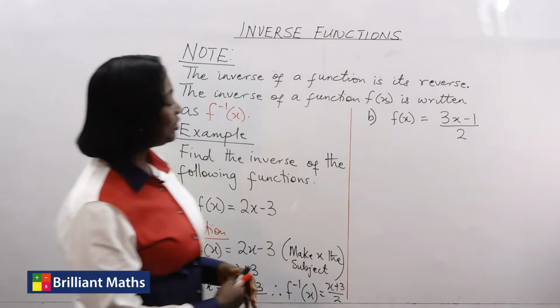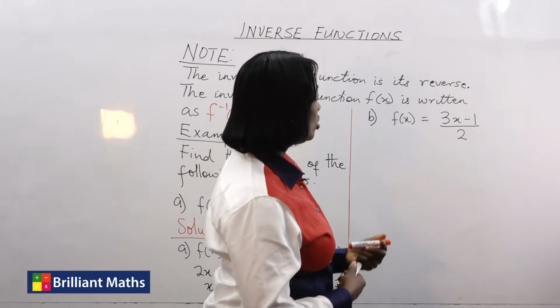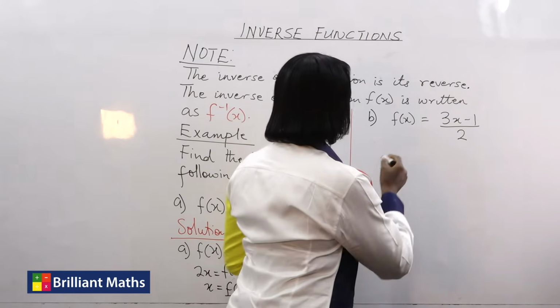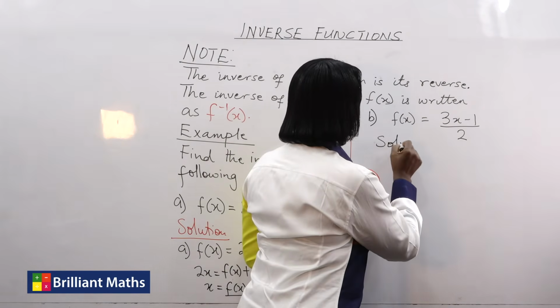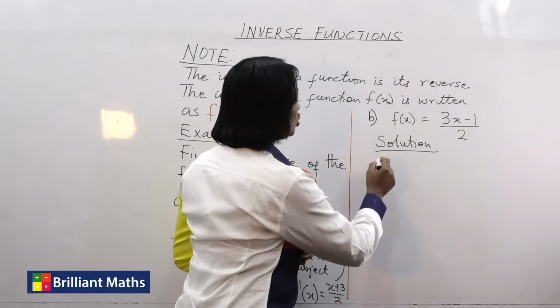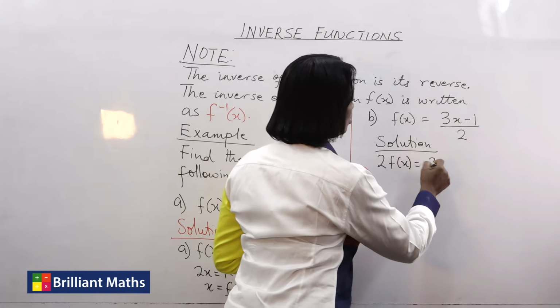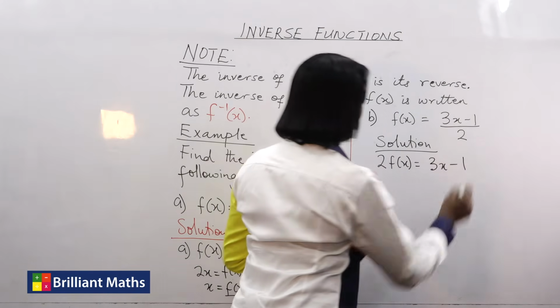In the second example, f of x is equal to 3x minus 2. So solution, make x the subject. So we have 2f of x is equal to 3x minus 1.